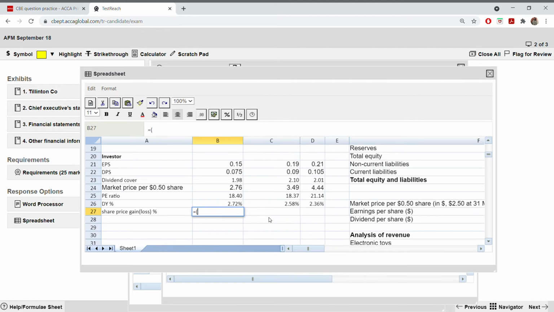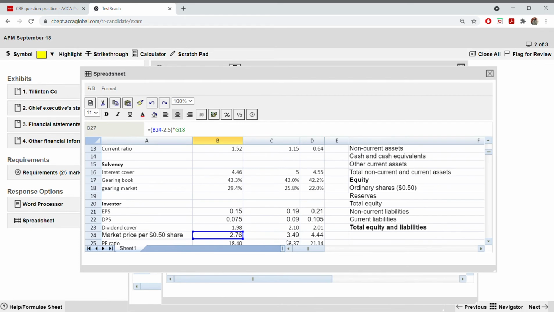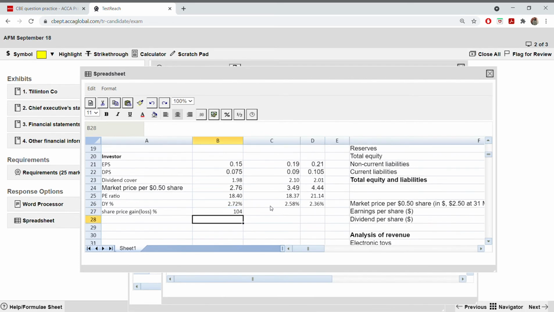Yes, you need to multiply the share price by 400. What I did, okay, so this minus 2.5. Make sure that you take the bracket, multiply it by the number of shares, which is 400. Enter. But this has to be taken in terms of percentage.